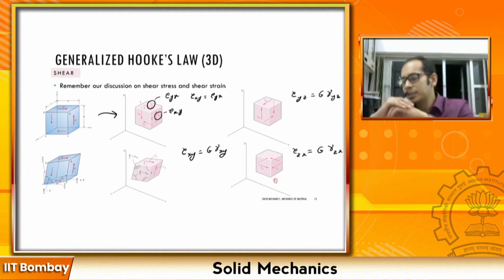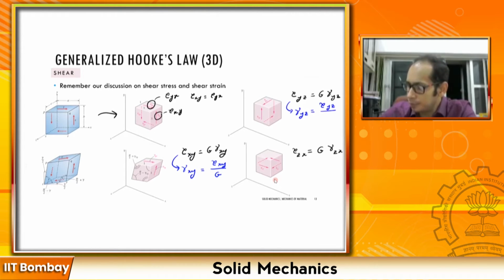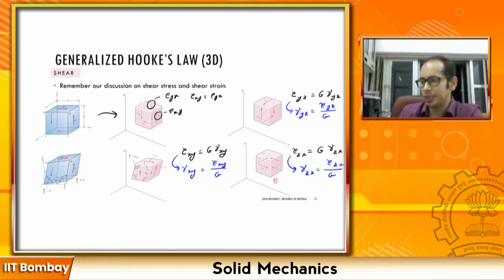So what we just did was that we wrote the expression for the stresses. So the expression for the strains is simply going to be gamma xy equals tau xy by G, right? Here gamma yz will be equal to tau yz by G, and in this one gamma zx will be tau zx by G. Simple, right? So let's go back to the generalized state of stress.